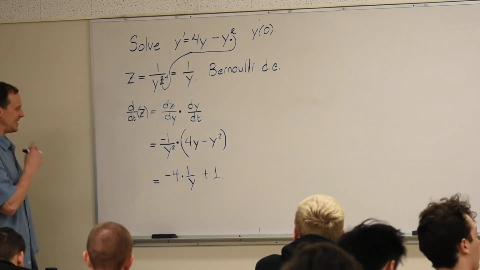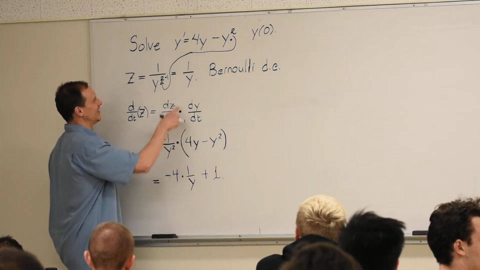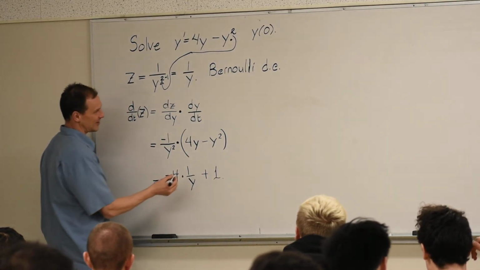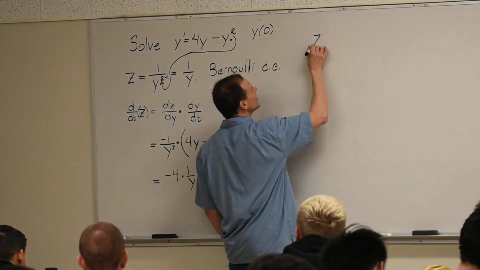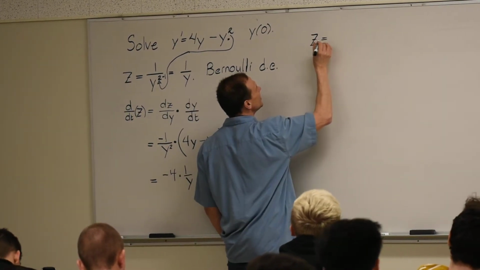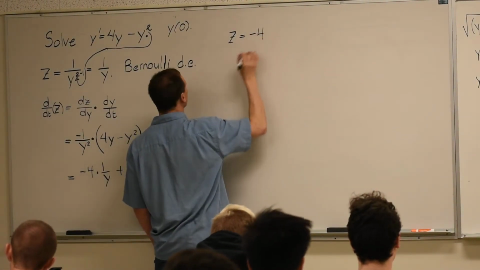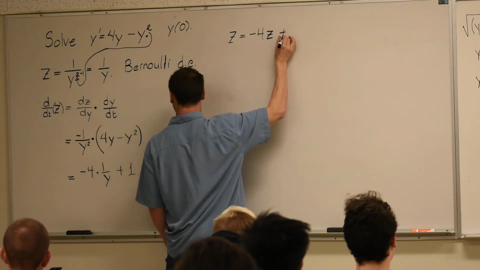That worked? It did. But what is 1 over y? That's z. So we can solve this as, come over here. So now we have z prime is, what did I just say, minus 4 times z plus 1.